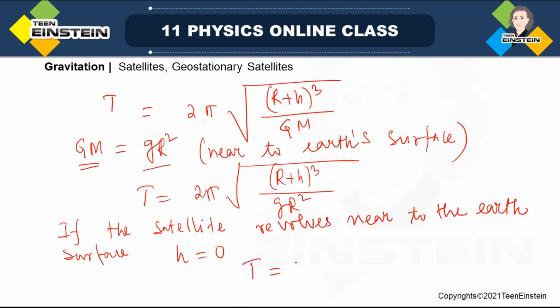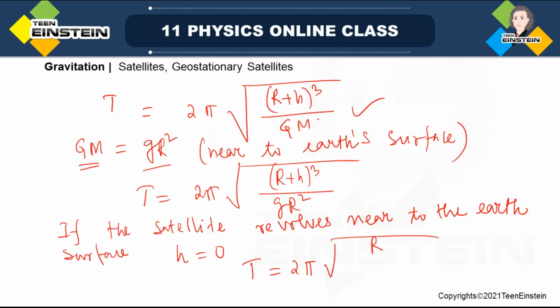So if this is the case, then what will be the time period? You just keep this R square here, this is R cube, so we can write this equation itself here.